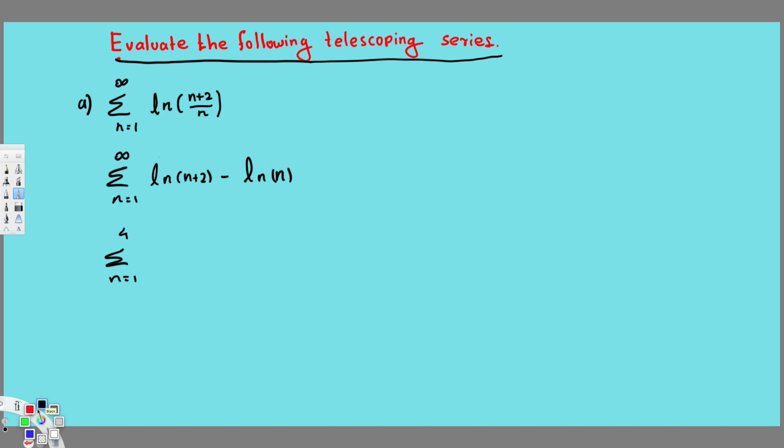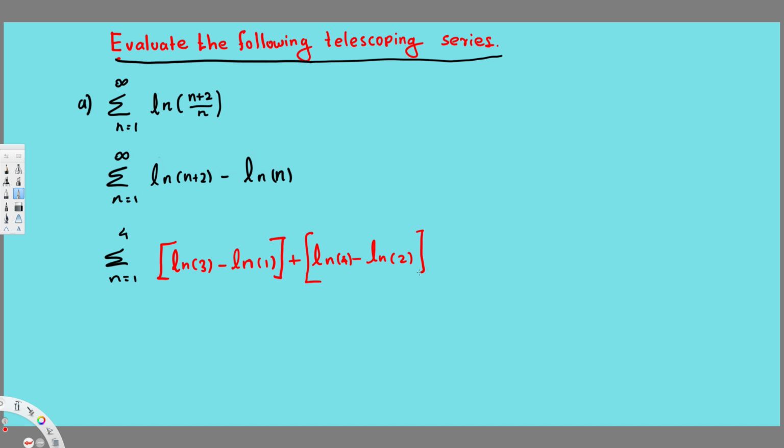Here we have to pick up a pattern and write it in a generic term. If I plug in 1, this is going to be ln 3 minus ln 1. Plus, if I plug in 2, this is going to be ln 4 minus ln 2.